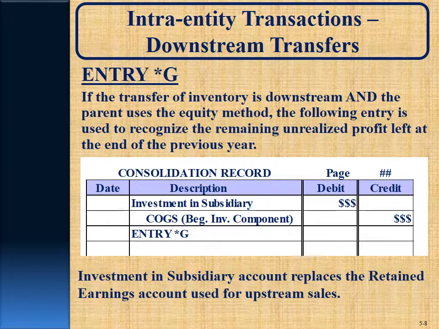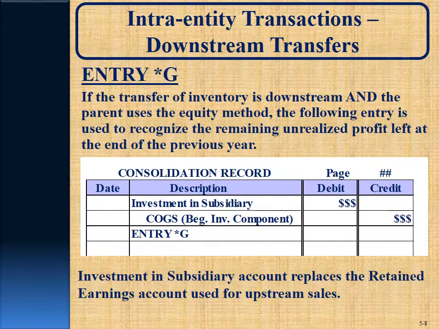And because of that, they don't do any kind of entries under the equity method like the parent does. So we need to do that original journal entry where you saw the debit to retained earnings and credit to cost of goods sold in the elimination. The subsidiary's retained earnings is including the gross profit from last year that we didn't recognize in consolidation. So we need to debit it and properly report it in this year's consolidation.